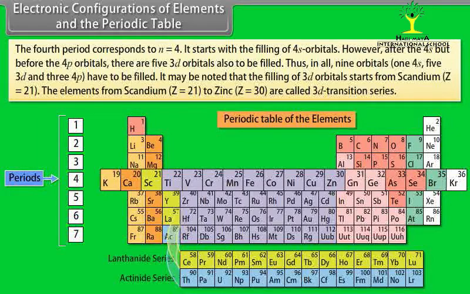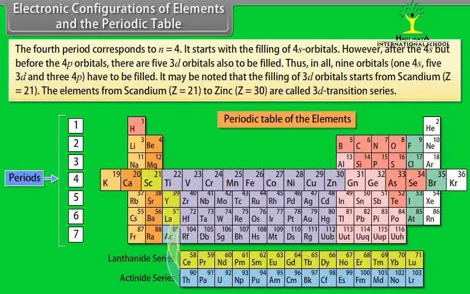However, after the 4s but before the 4p orbitals, there are 5 3d orbitals also to be filled. Thus, in all, 9 orbitals, one 4s, five 3d and three 4p, have to be filled. It may be noted that the filling of 3d orbitals starts from scandium, atomic number 21.